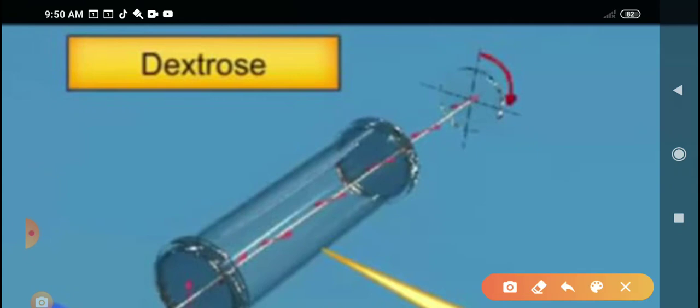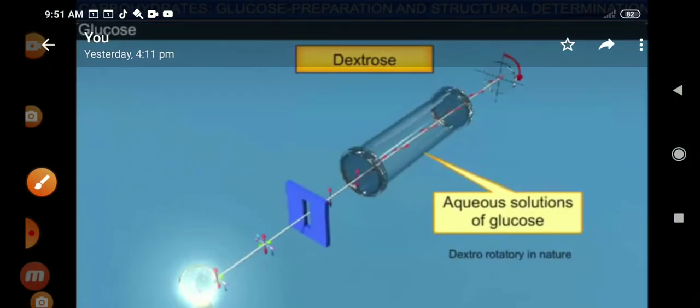Now what is observed is that the plane of polarized light gets rotated in a clockwise direction. So what is happening here: when the plane of polarized light is passed through an aqueous solution of glucose, it rotates the plane of polarized light in a clockwise direction.